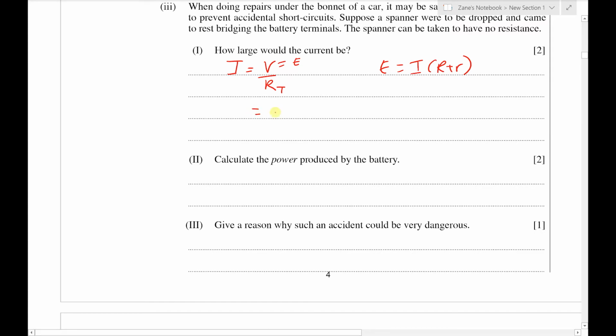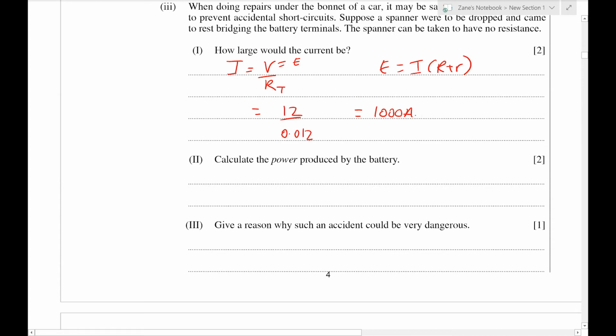So anyway, if we put in the values, the EMF was 12 volts. The total resistance will just be the 0.012 ohms for the internal resistance because there's no external resistance. That will give us an answer of 1000 amps.